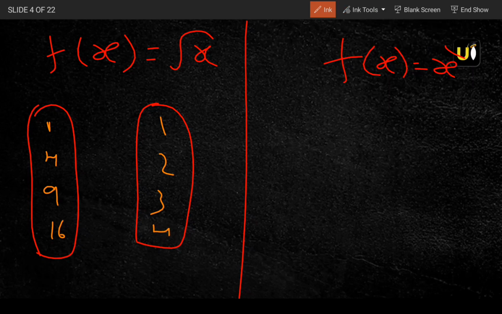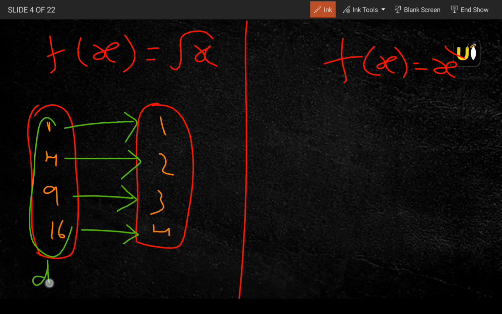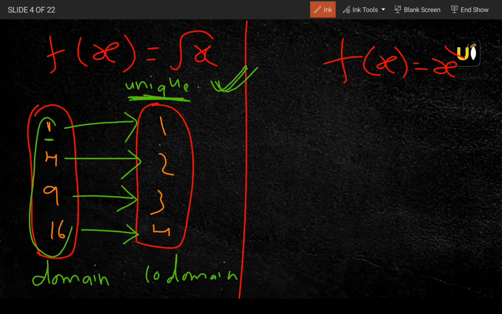See here 1 maps to 1, 4 is mapping to 2, 9 is mapping to 3, 16 is mapping to 4. That means every element in the domain, this is domain and this is codomain, is mapping to a unique element in the codomain. So this is a one-one function for this domain and codomain respectively.